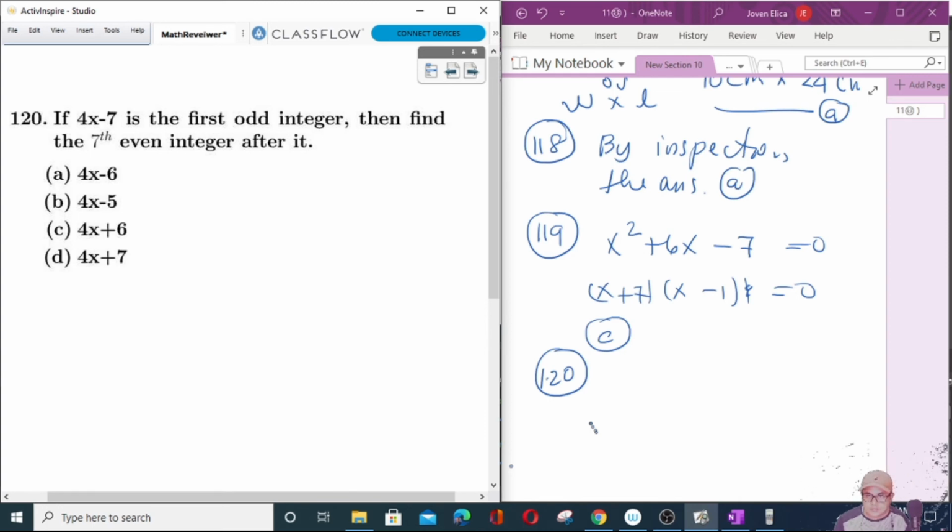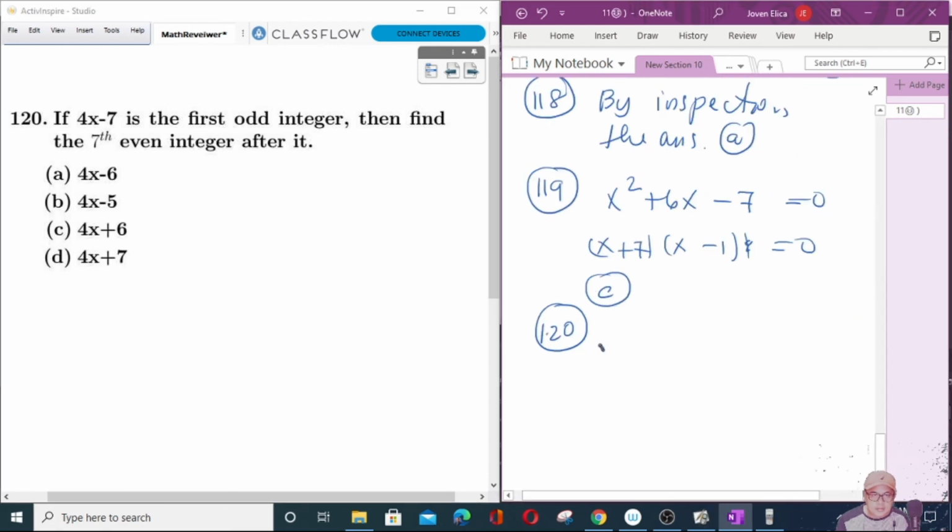So if 4x minus 7 is the first odd, find the 7th even integer. From here we'll start: 4x minus 7 plus 1. This is the first even.